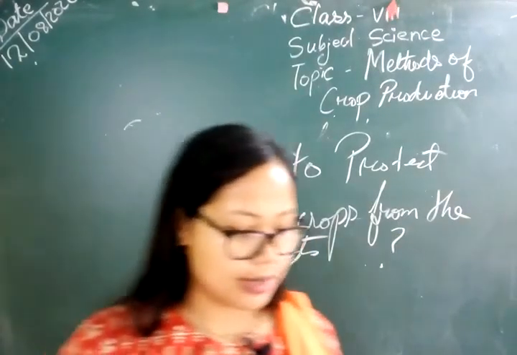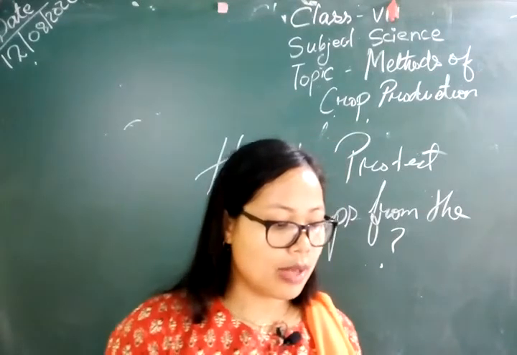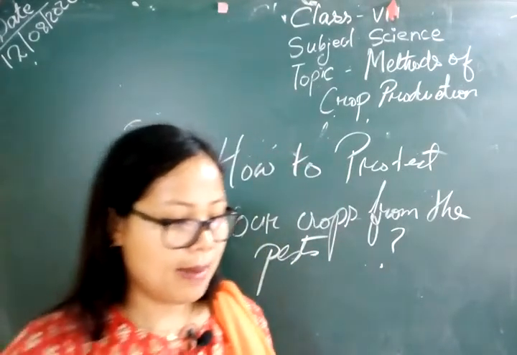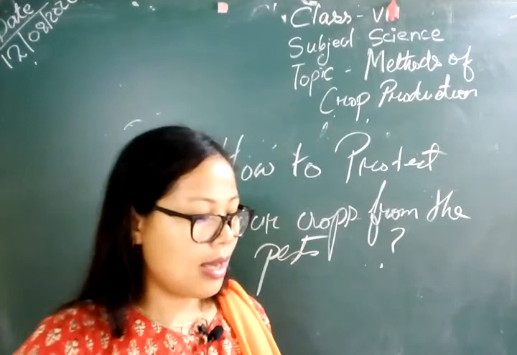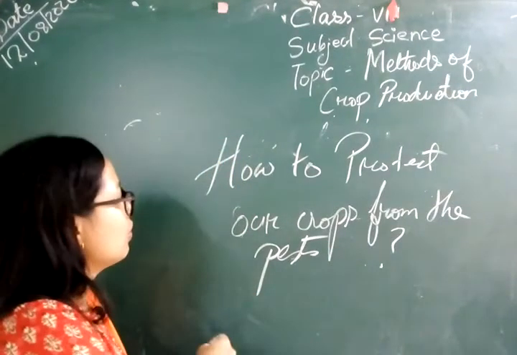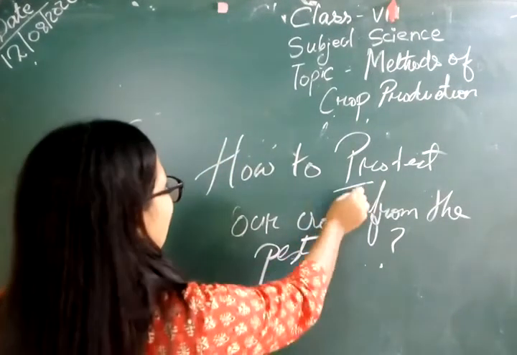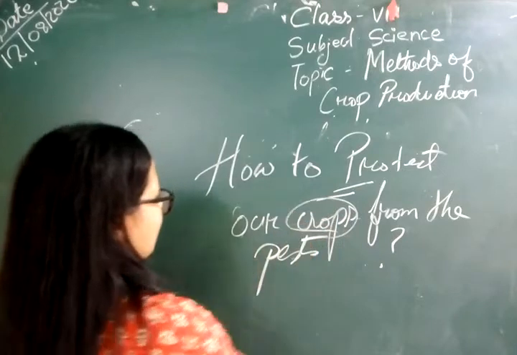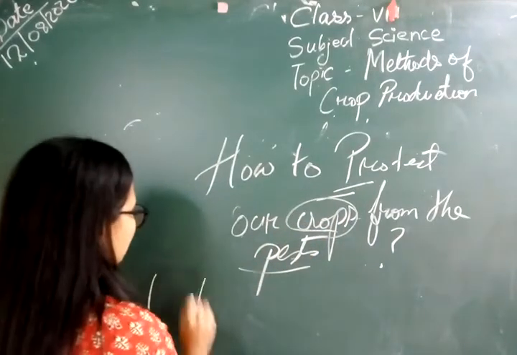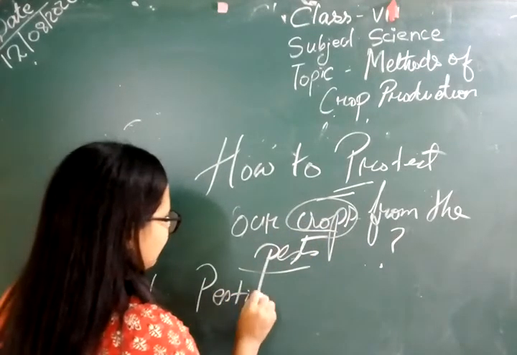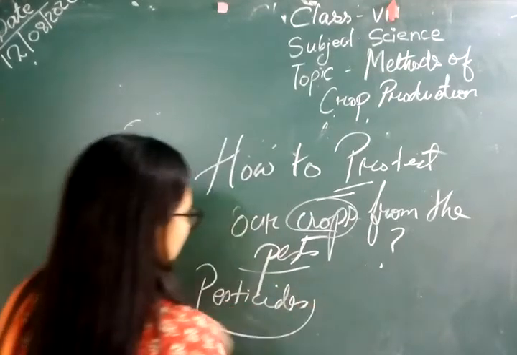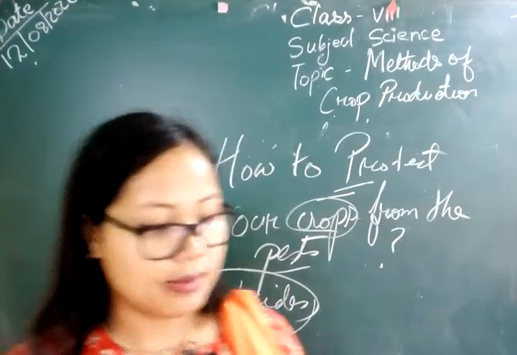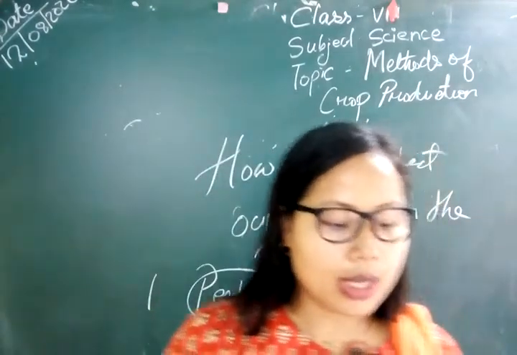How do we protect them? Let's see one by one. The first one is through pesticides. Through these pesticides we can protect our crops.